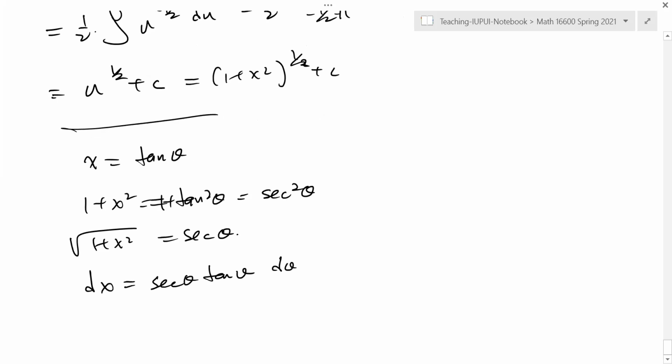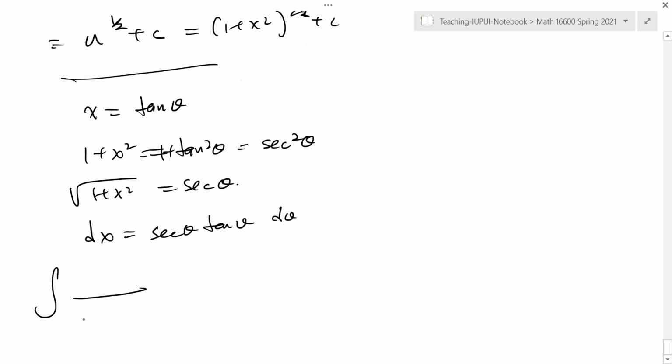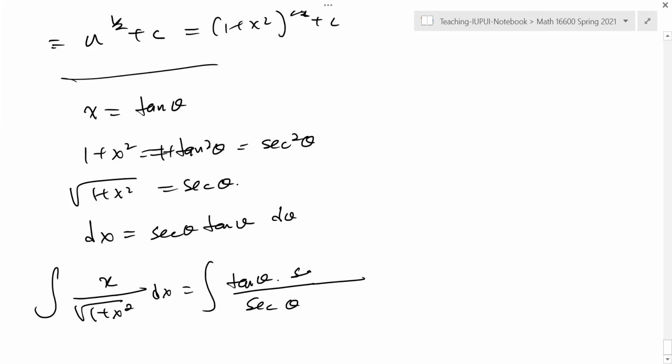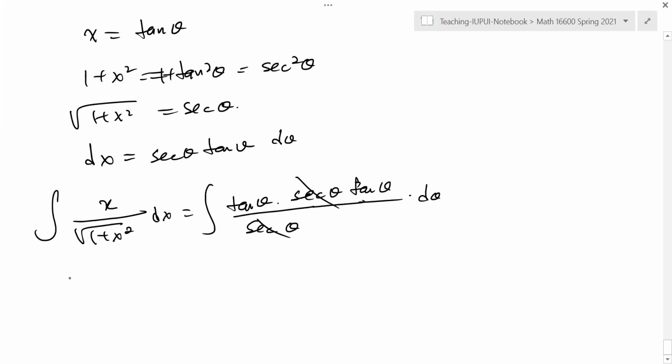So the integral is going to be secant theta times tangent theta, and then dx is the derivative, so secant theta tangent theta d theta. So secant theta cancels out, you end up with tangent square theta. Wow. Okay.